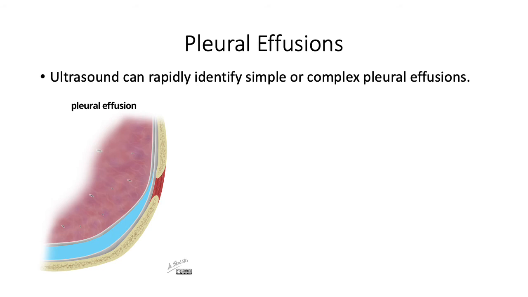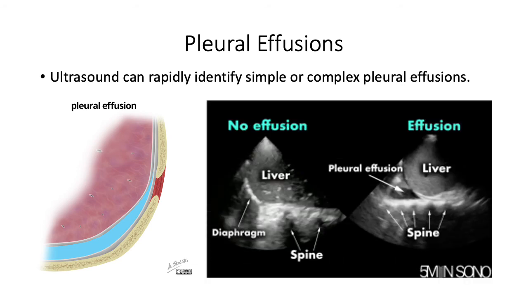Here's an example of what effusions look like under ultrasound. In the ultrasound image on the left, there is no effusion. And then in the image on the right, the dark, or hypoechoic, fluid is seen above the liver and diaphragm.